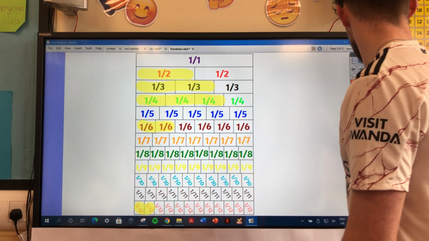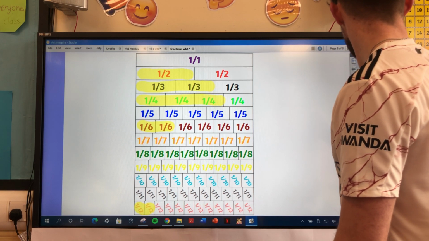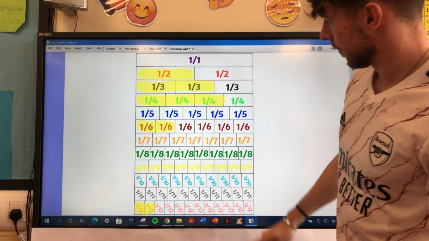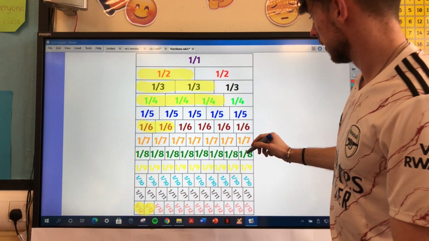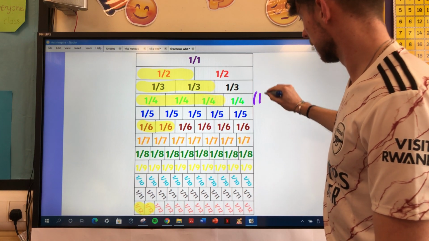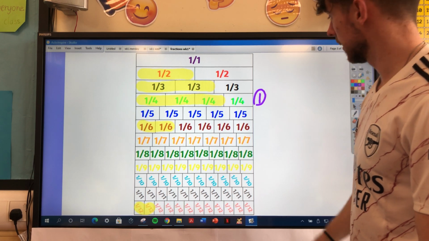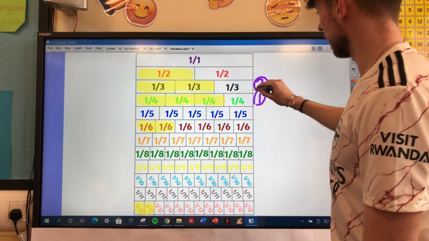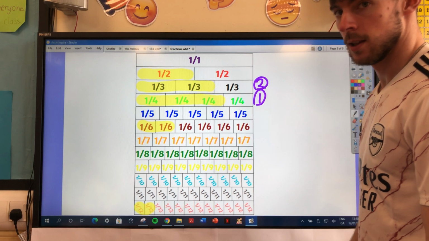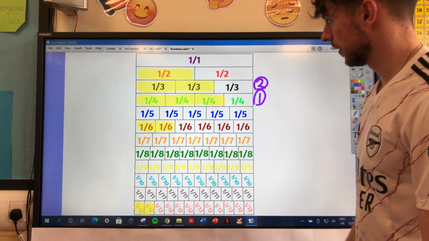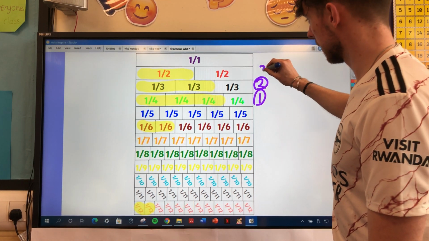So from looking here, we know that 3 over 4 is the biggest. And next is 2 over 3. After that, it's a half, isn't it?